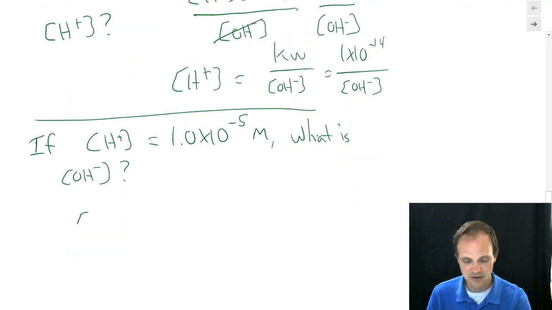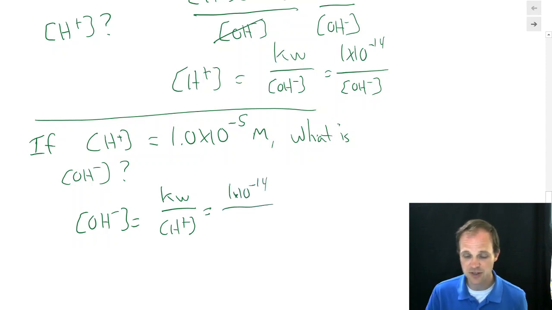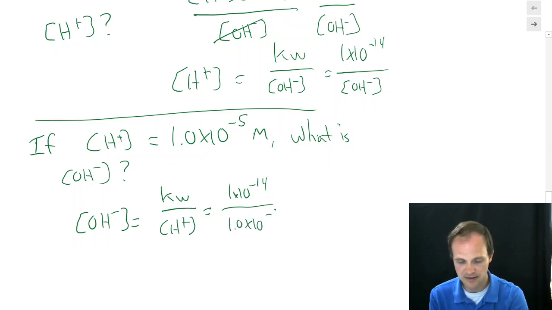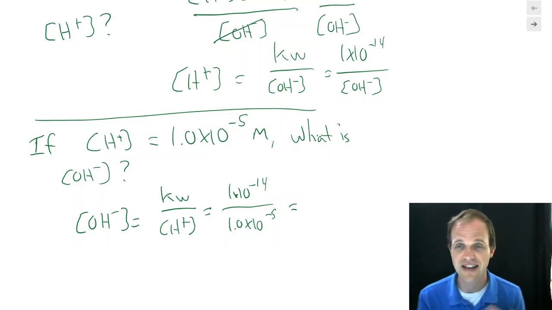If you did that, you should get the OH minus is Kw over H plus, which is 1 times 10 to the minus 14th over my H plus concentration, which was just given to me as 1.0 times 10 to the minus 5th. And then I just put those in my calculator, making sure to use the built-in scientific notation in my calculator. If you're using your calculator wrong, you will get very wrong answers in this situation.